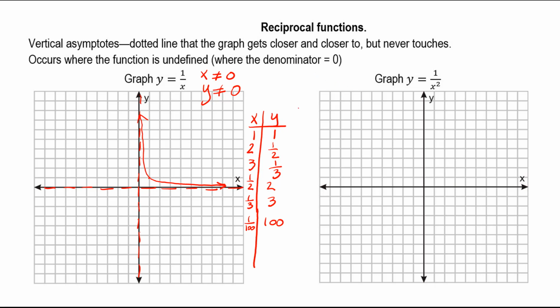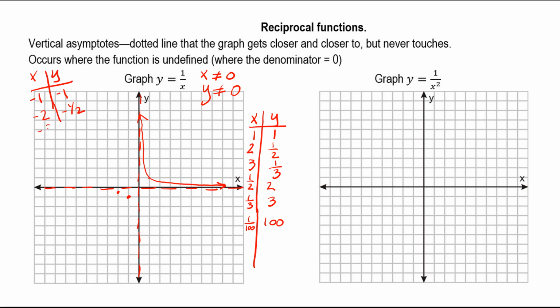When x is negative 1, y is negative 1. So we have negative 1 right here. When x is negative 2, y is negative 1/2.